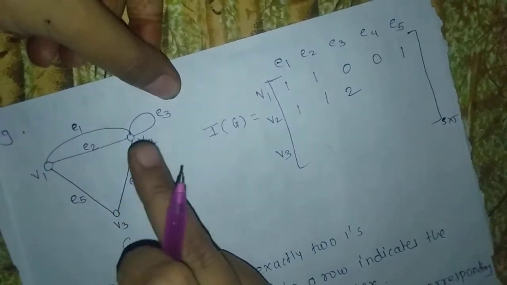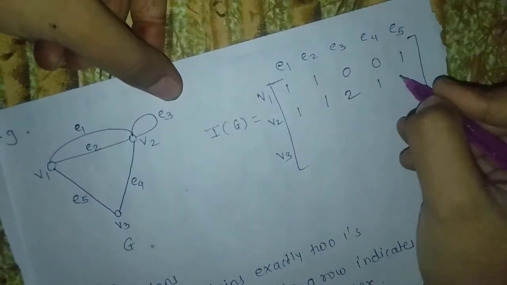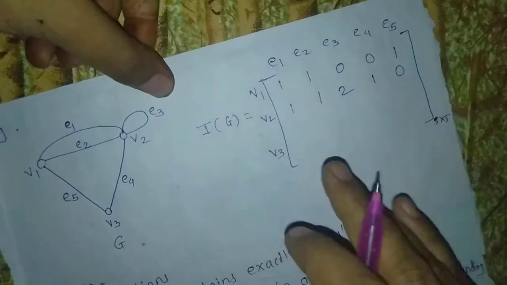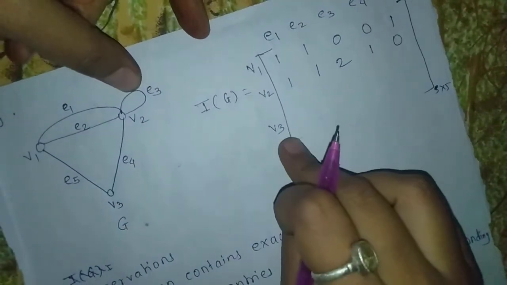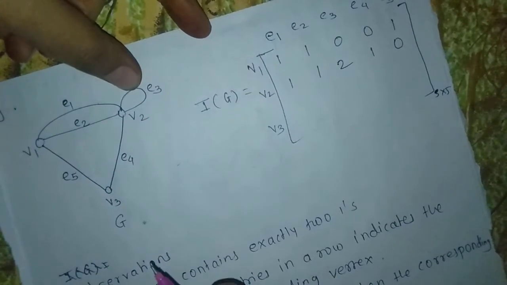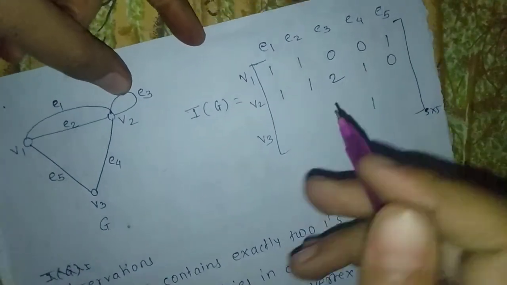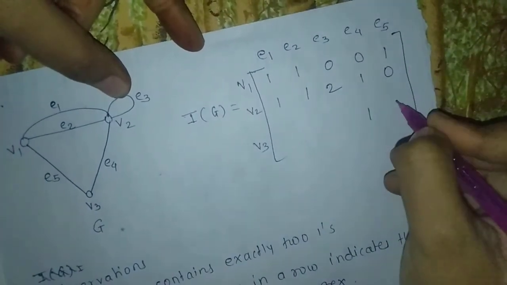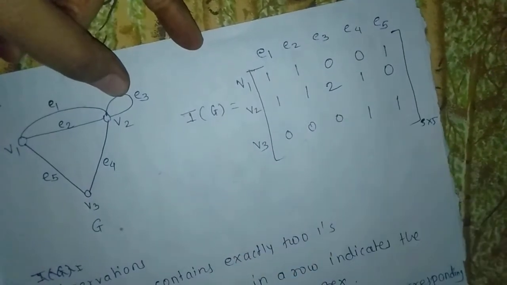Also E4 is incident on V2, so put here 1 and other entries become 0. For the third row, for vertex V3, here you can see that E4, E5 are incident on V3. So write for E4 1, for E5 1 and other entries become 0.